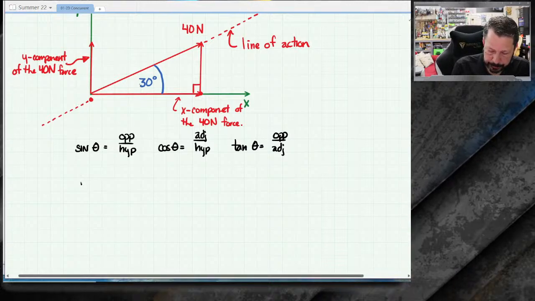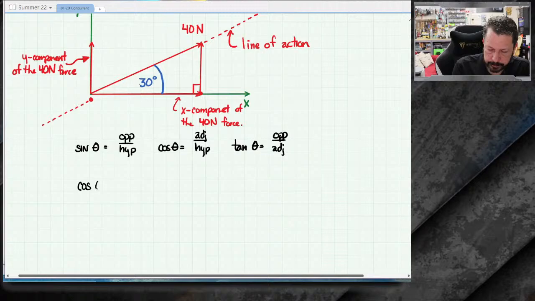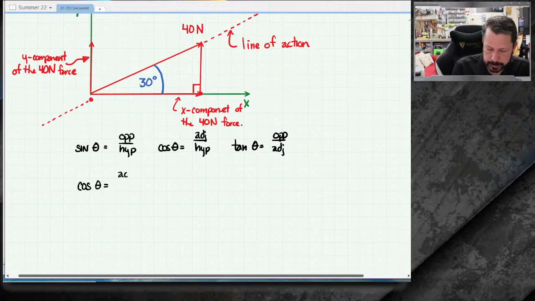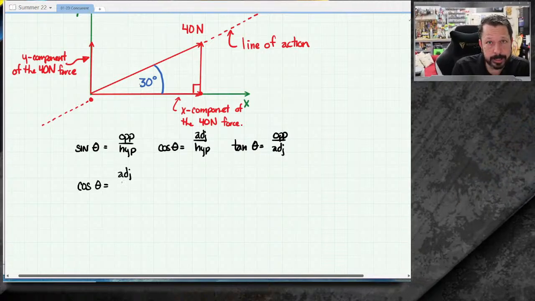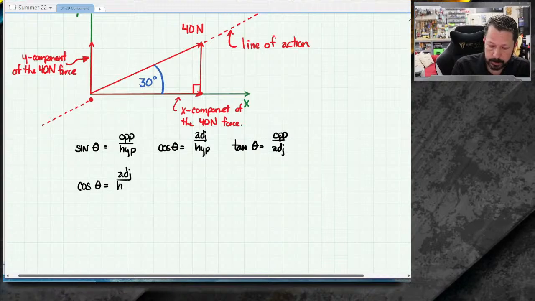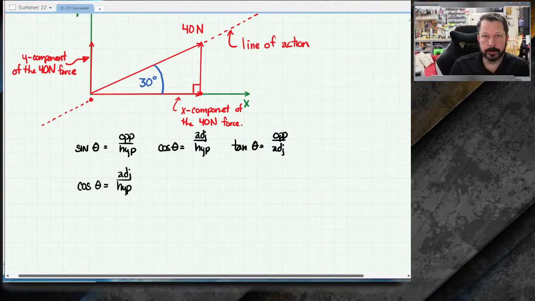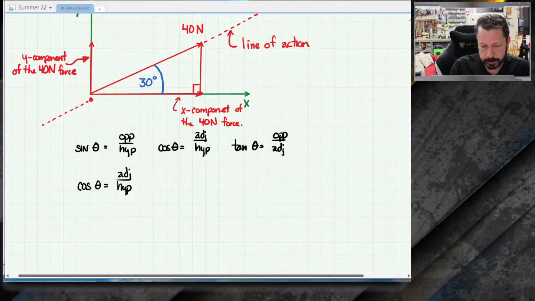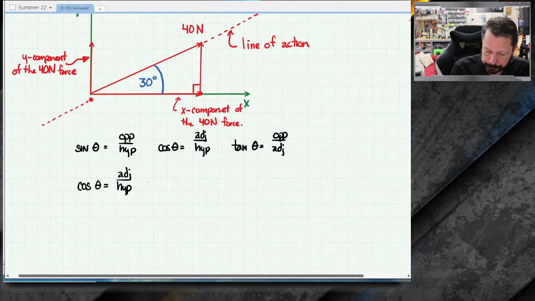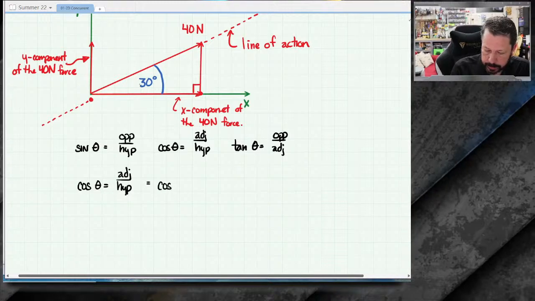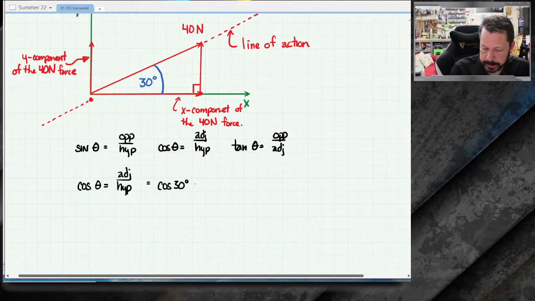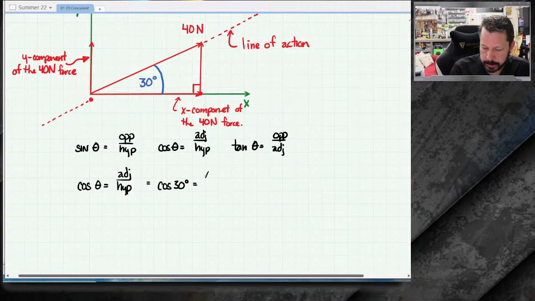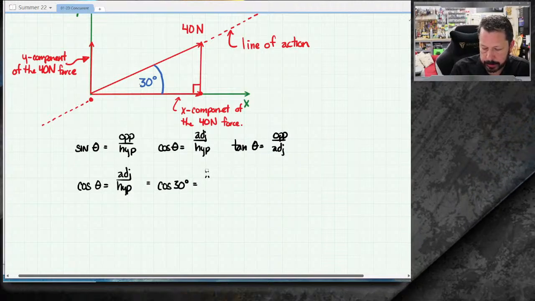So I could write cosine of theta equals the adjacent side's length or magnitude, either one, over the hypotenuse of the triangle, in this case the 40 newtons. So filling in the things that I know from my picture, cosine of 30 degrees is equal to the x component. Let's write that one a particular way.